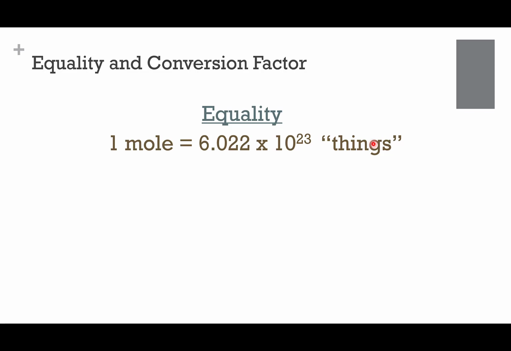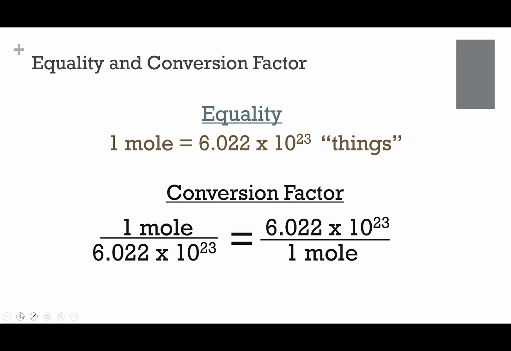If the problem's asking about atoms, this unit right here would be atoms. If the problem's asking about molecules, this unit right here would be molecules. So that unit can change, but the problem's going to dictate that for us. With any equality, we can write it as a conversion factor. So mole on top, Avogadro's number on the bottom, Avogadro's number on the top, mole on the bottom.